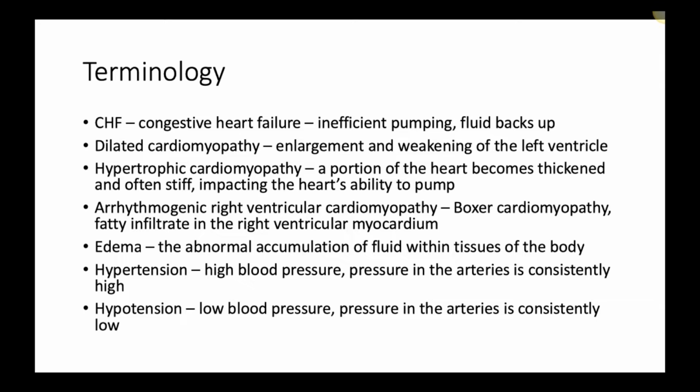Arrhythmogenic right ventricular cardiomyopathy is known as boxer cardiomyopathy, and it happens when there's a fatty infiltrate in the right ventricular myocardium. It almost always only happens to boxers and boxer crosses. It's an anomaly of that breed.